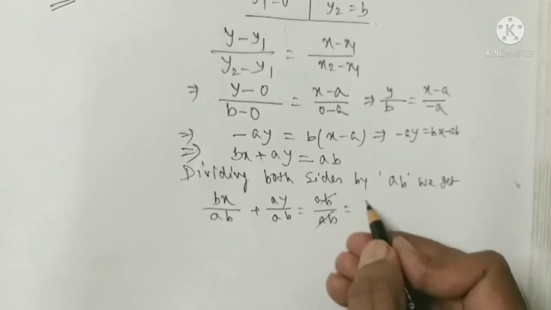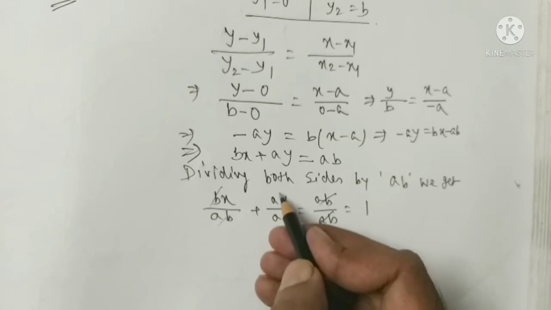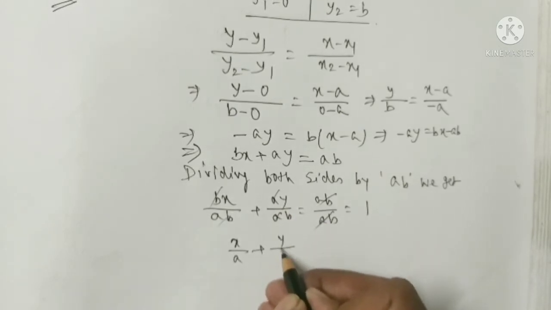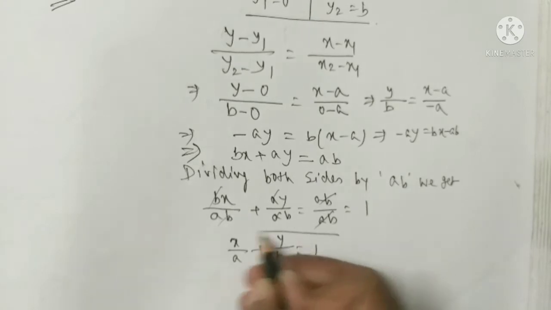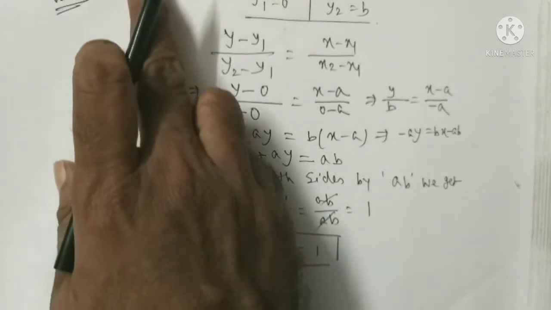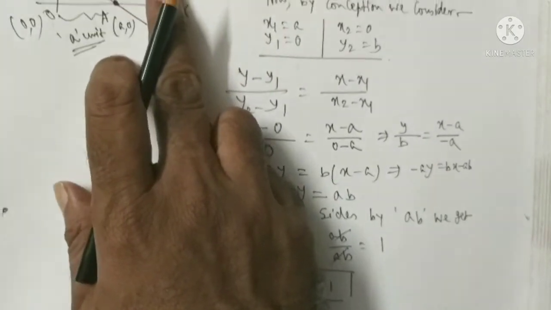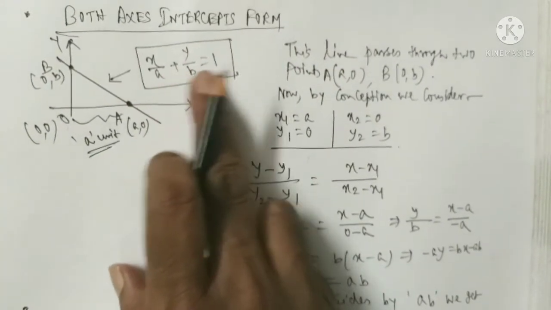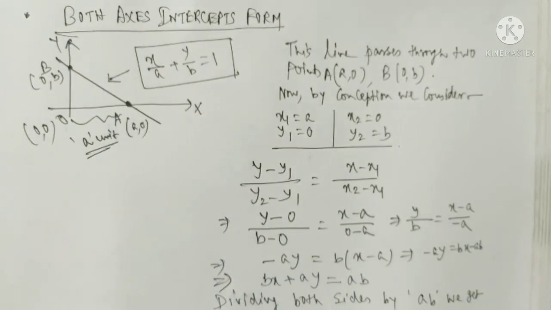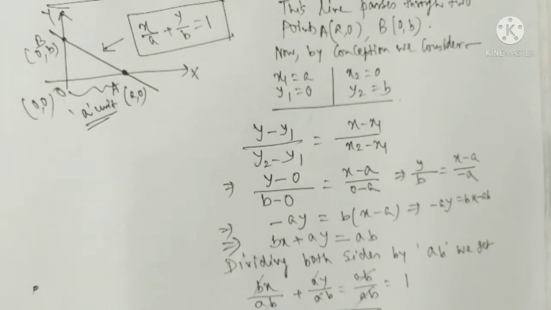Now ab cancels, that is 1, b cancels and a cancels, so x/a + y/b = 1. This was considered primarily in today's discussion: x/a + y/b = 1. This is now proved here.